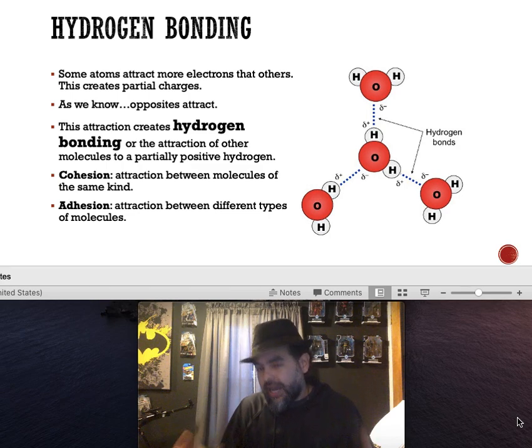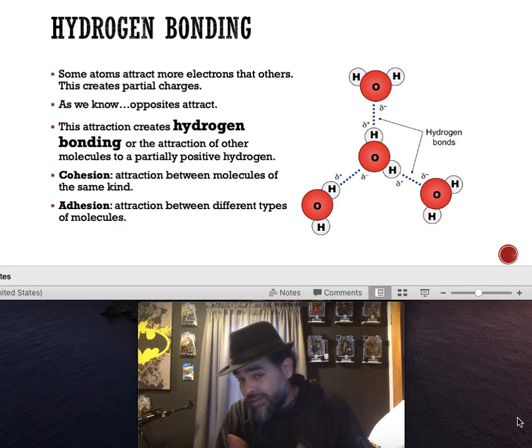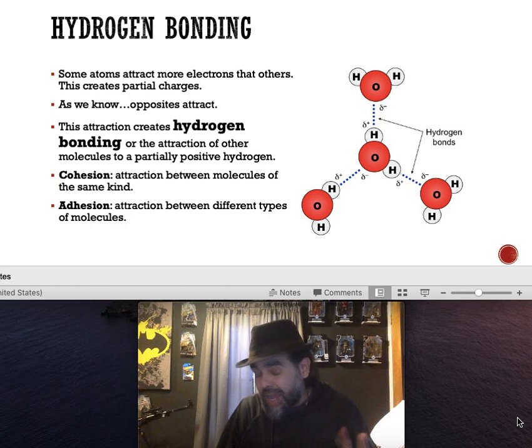So the hydrogen in molecules is partially positive most of the time. So whenever it finds another element, like for example oxygen, which is most of the time partially negative, there's going to be a weak attraction between the two.